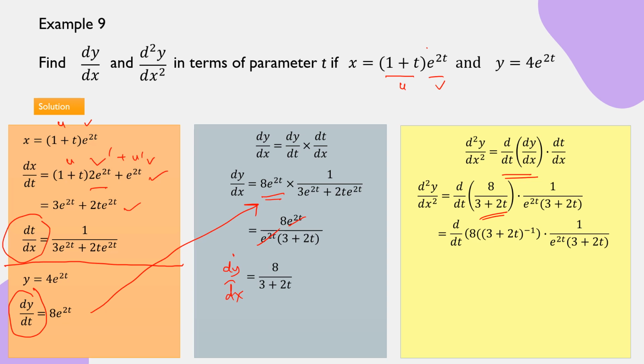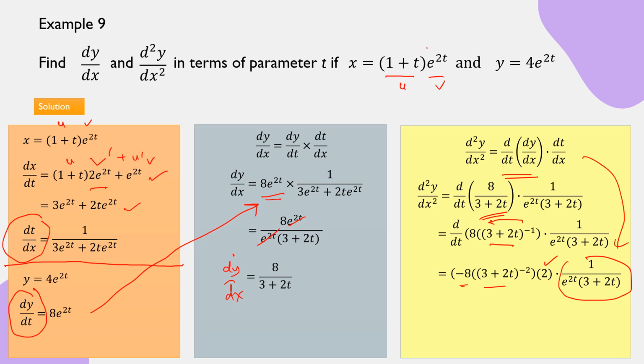We can write it as 8 times (3 + 2t) to the power of negative 1. We multiply negative 1 with 8, so negative 8 times (3 + 2t) remains, and the power is reduced by 1 to negative 2. Differentiate inside the bracket, we get 2, and then this is dt/dx.